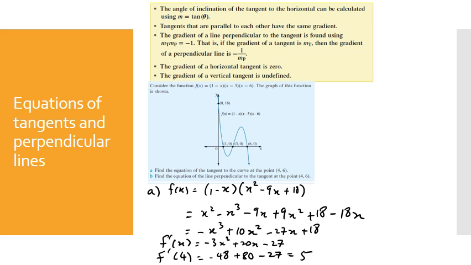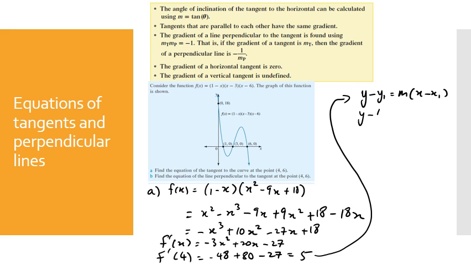That gives us a 5. Then put it in our linear equation, which is y minus y1 equals m times x minus x1. So then we have y minus 6, and our gradient is 5, and x minus 4. So then we get 5x, what's that, minus 20 plus 6, so minus 14.